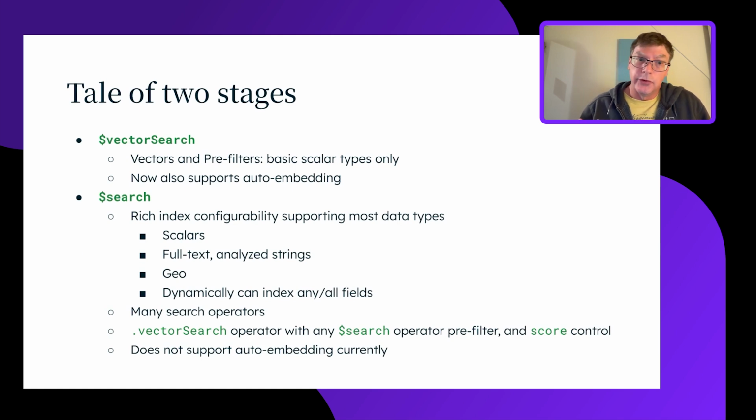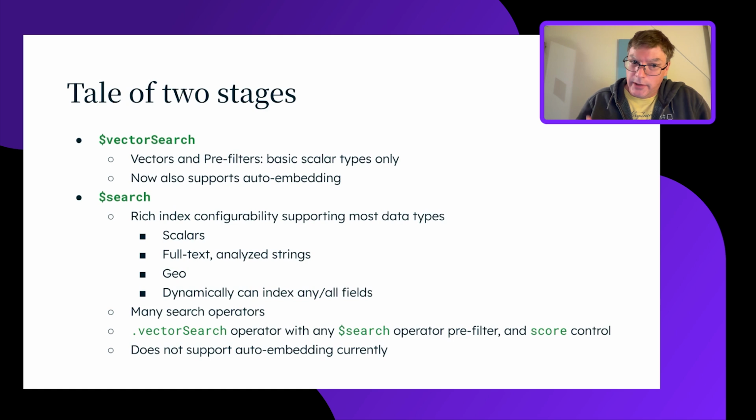So there's two ways to do pre-filtering right now. There's the dollar vector search stage, and this stage is powered by the same vector search index that is in the other stage as well. So it's very consistent in terms of how the mechanism works. The difference is really in terms of how the pre-filtering capabilities are implemented.